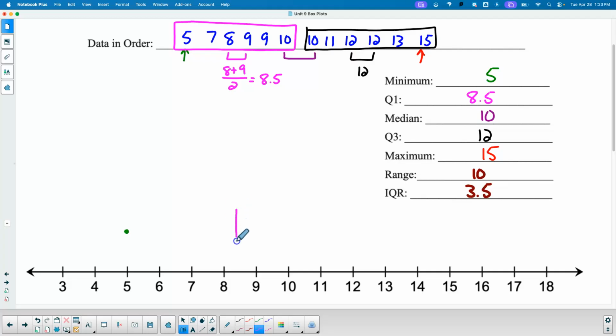Vertical line at 8.5. Vertical line at 10.